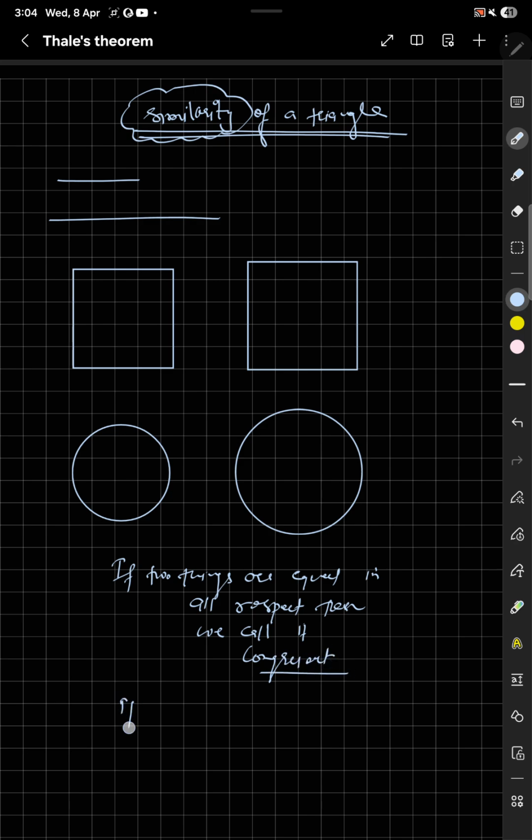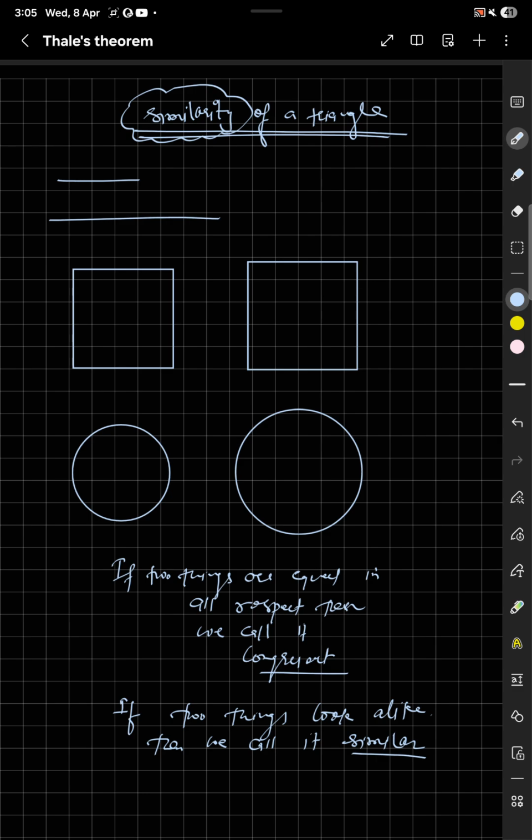But if two things look alike, then we call it similar. So all of this belongs to similarity of triangles.